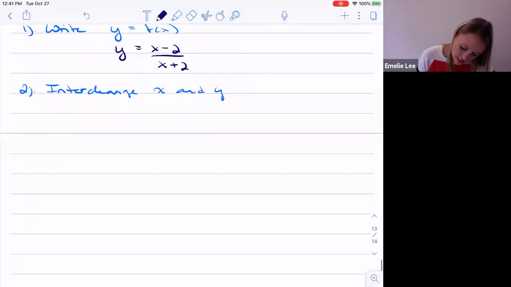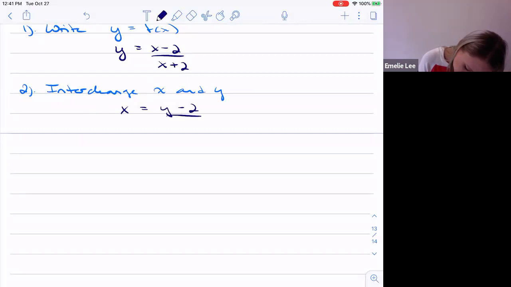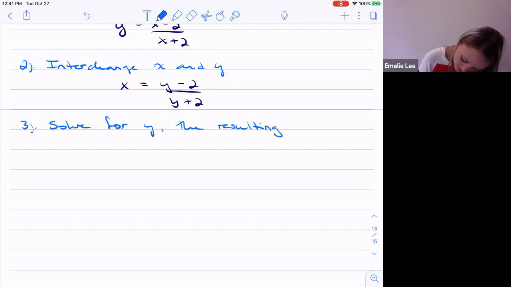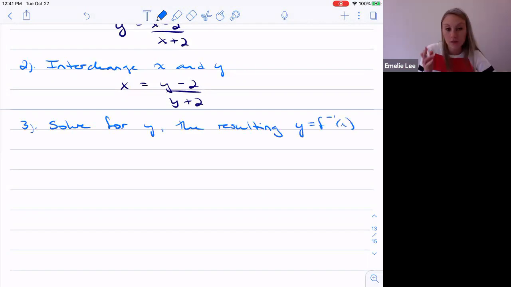So where I see a y, I'm going to write x, and where I see an x, I'm going to write y. X is y minus 2 over y plus 2. Then solve for y. The resulting y equals f inverse of x.